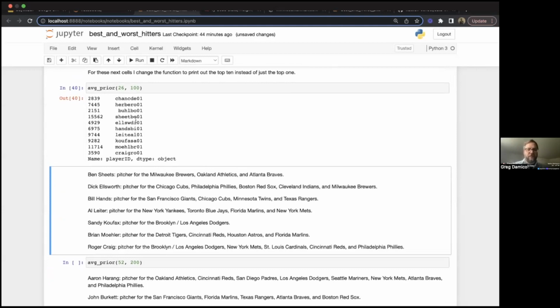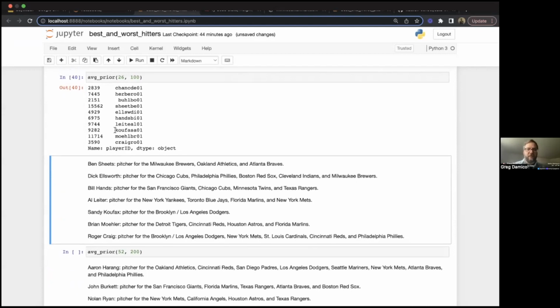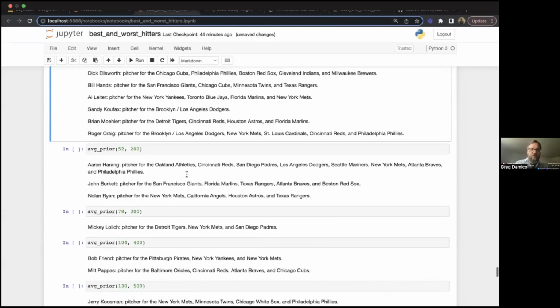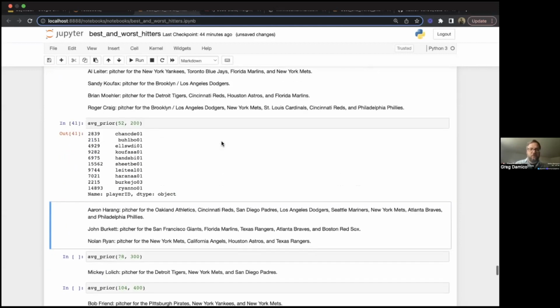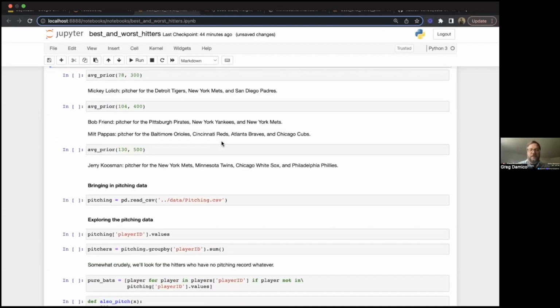Ben Sheets, Dick Ellsworth, all these guys are pitchers. Sandy Koufax shows up. Sandy Koufax is a Hall of Fame player, not of course as a hitter, but as a pitcher. If we change our numbers, we'll encounter more pitchers. How are we going to filter them out?